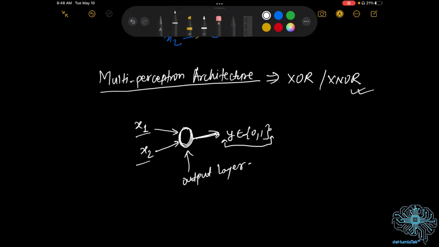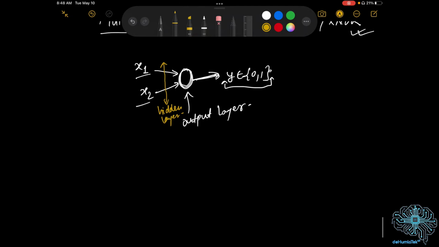Now in multi-perceptron, what we'll be doing is adding one more layer in between the input and output layer, which is known as the hidden layer. I'll just try to make a rough sketch right now.